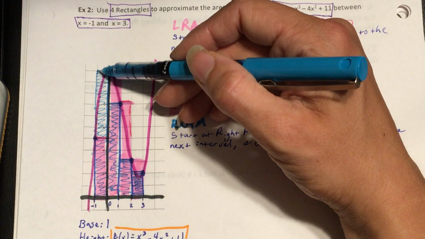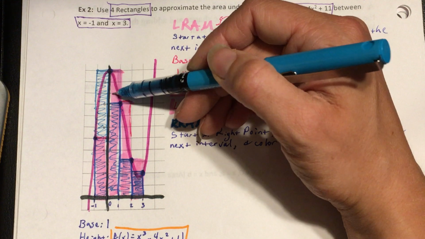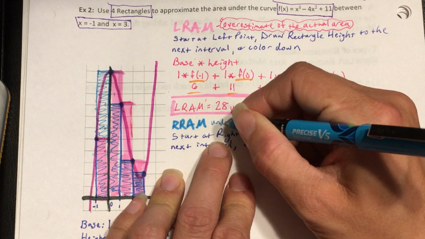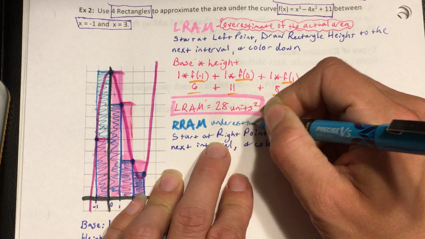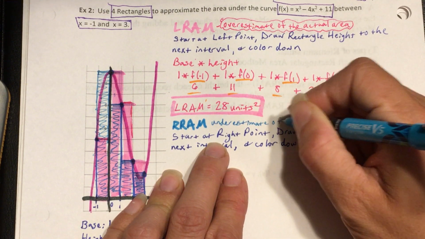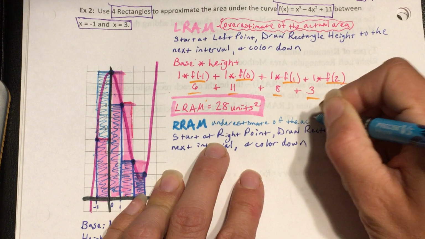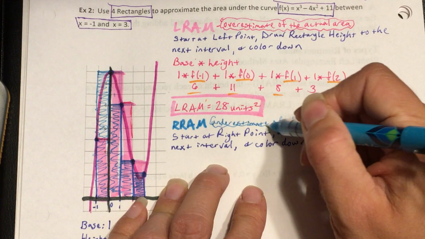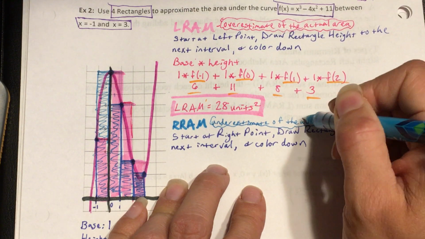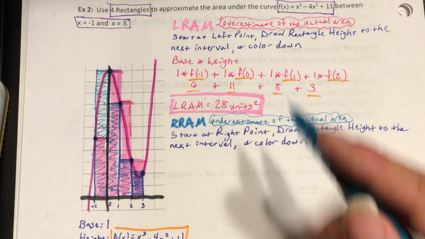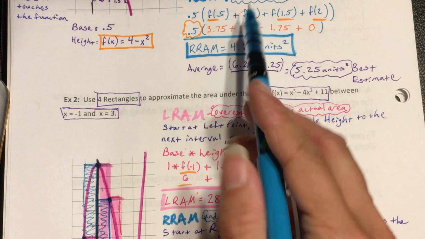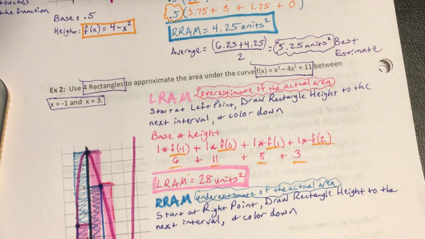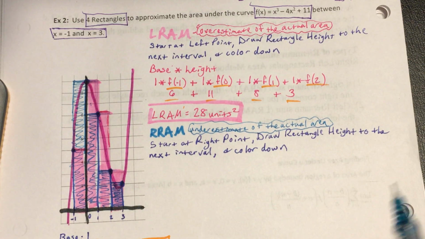So maybe this part of the blue rectangle hanging over would displace this part, but RRAM for this problem would likely be an underestimate of the actual area. So LRAM here is over, RRAM here is under, and yes, that does happen to be the same as it was on the last problem. That's just a coincidence. It really depends on what your graph looks like and what your interval looks like.